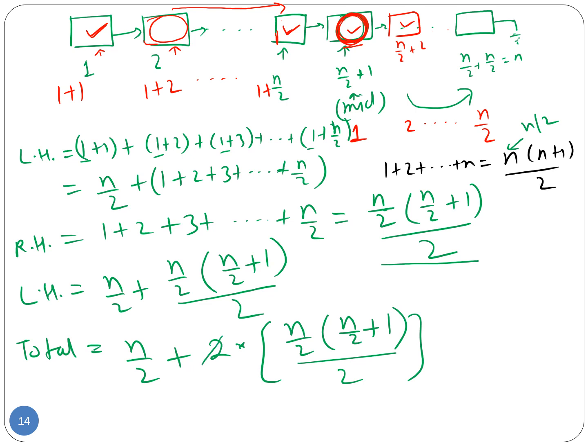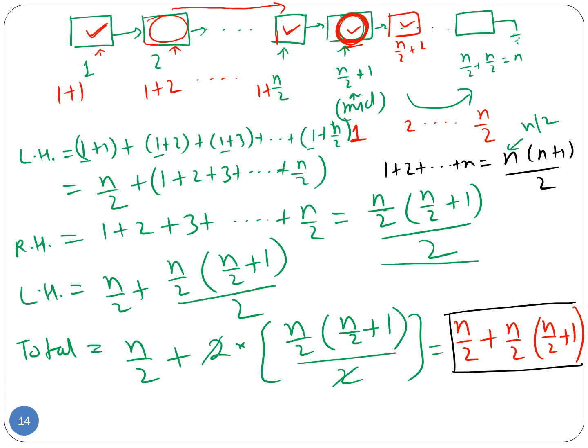So this 2 and this 2 cancel out, and we are left with n by 2 plus n by 2 into n by 2 plus 1. Okay, now this is the total number of comparisons, right?